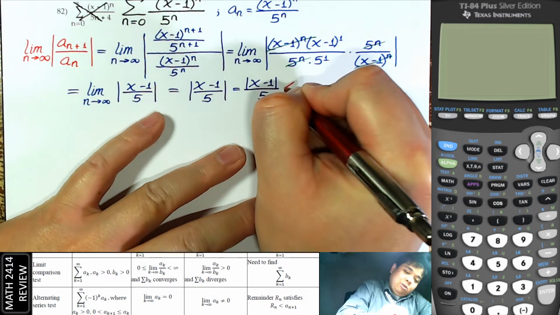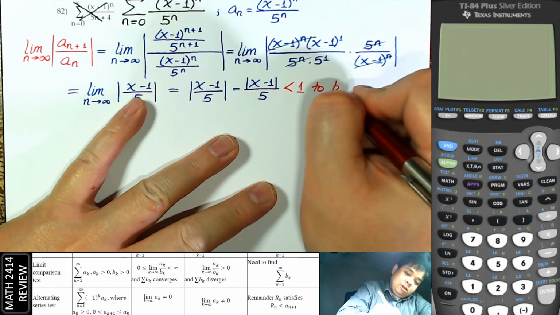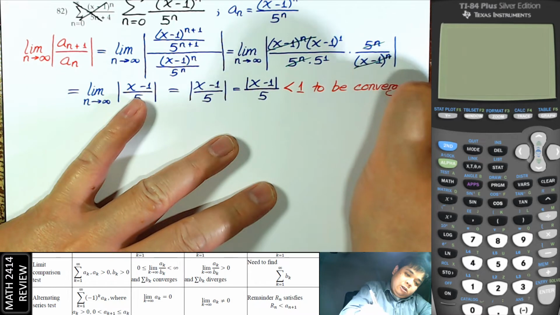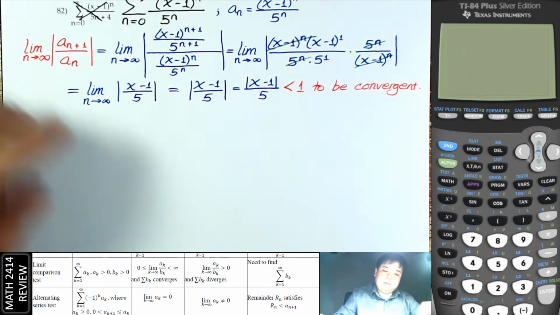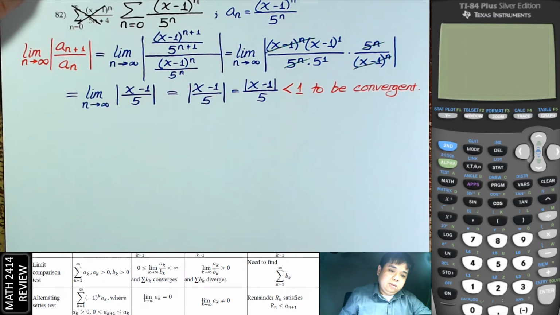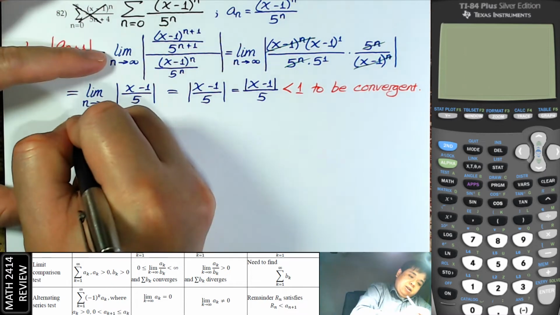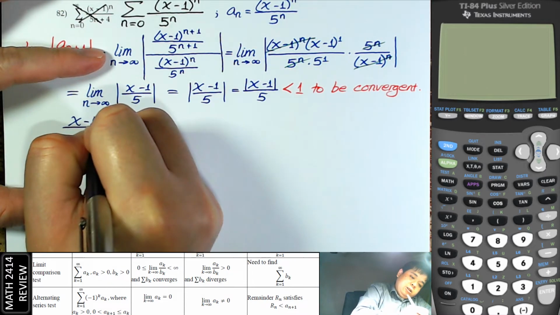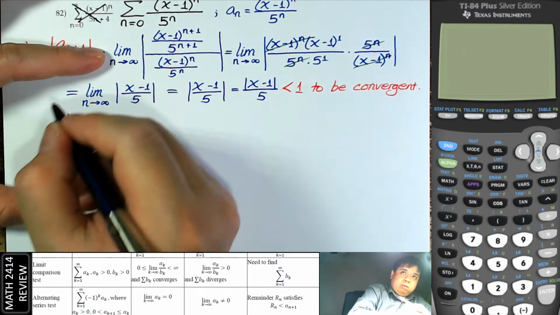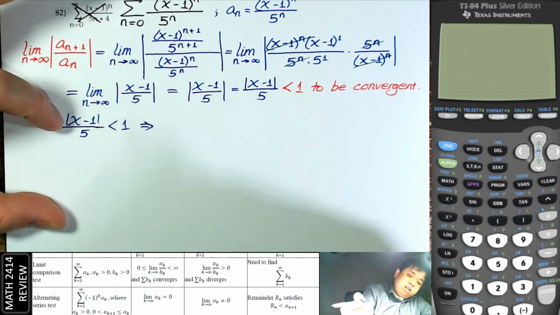So this has to be less than 1 for it to be convergent. Right? So we have the absolute value of x minus 1 over 5 less than 1. Multiply 5 on both sides.